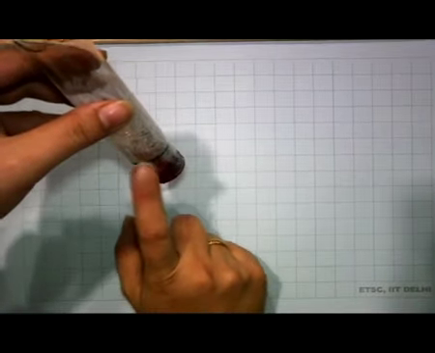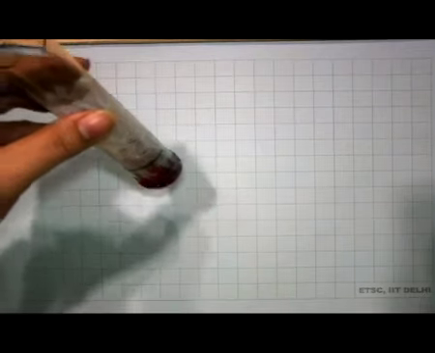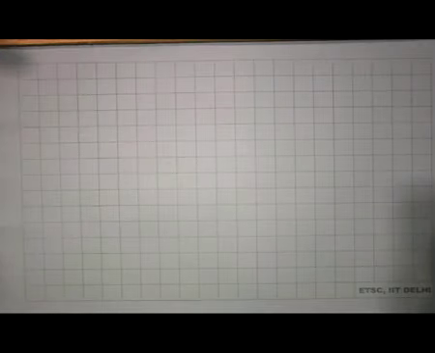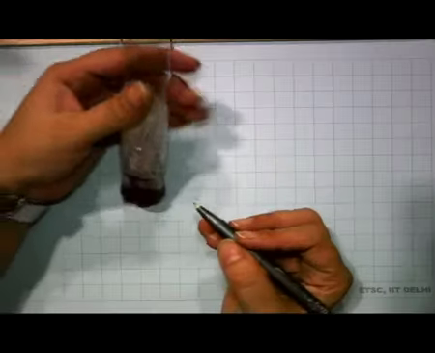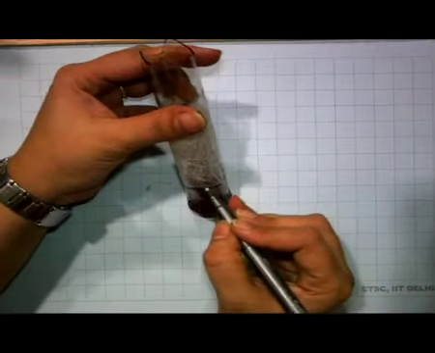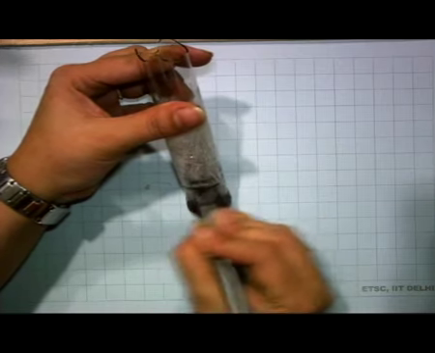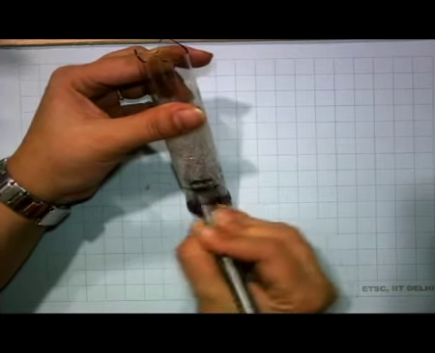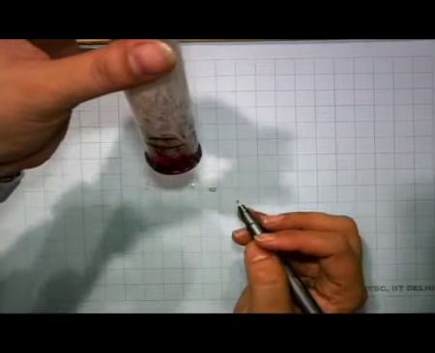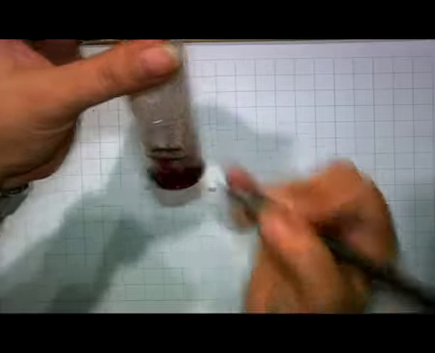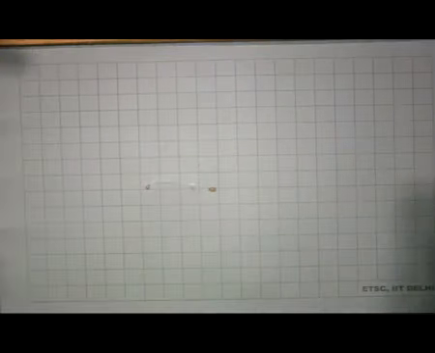The level of water is well above the green mark which we had put earlier. Let me mark the new level here for you. About this much water has entered this tube because of osmosis.